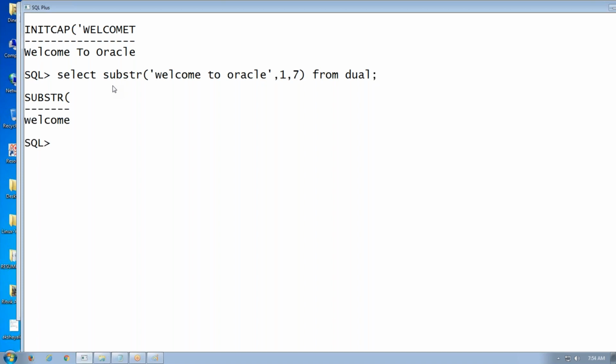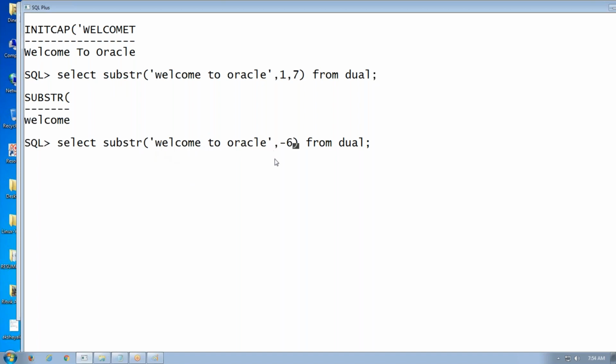Suppose you want to print the last 6 characters, you can print like this. Don't specify any beginning position. You need the last 6 characters, so minus 6. A minus value means it will take from the end of the string. Here, how many parameters are you giving? Only 2 parameters.